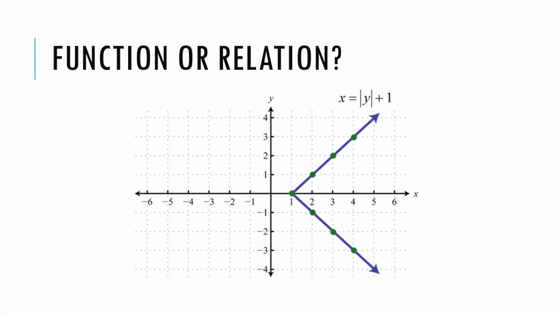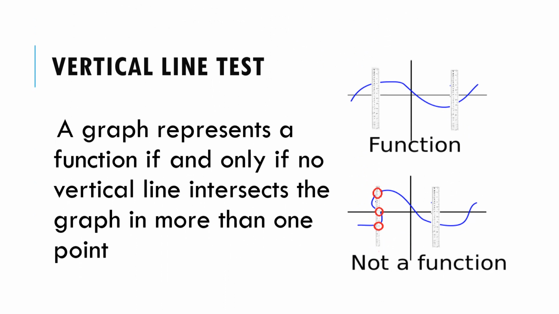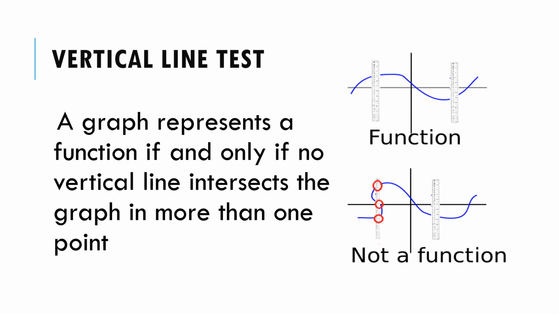What if graph naman yung given? How can we identify if this is a function or a relation? Meron tayong tinatawag na vertical line test. So, a graph represents a function if and only if no vertical line intersects the graph in more than one point.